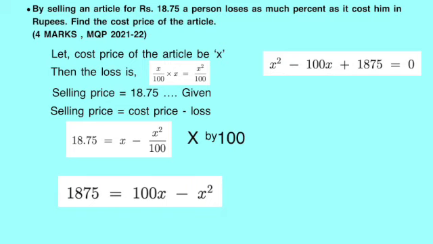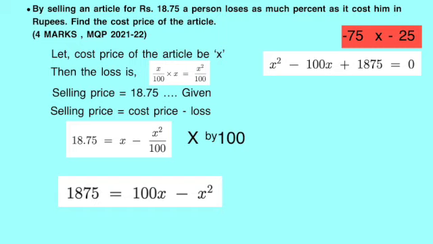Now this is the time for us to find the factors of 1875. By adding those two factors, we should get 100. The numbers are minus 75 and minus 25. Minus 75 plus minus 25 is minus 100. Minus 75 into minus 25, minus into minus is plus, 75 into 25 is 1875.